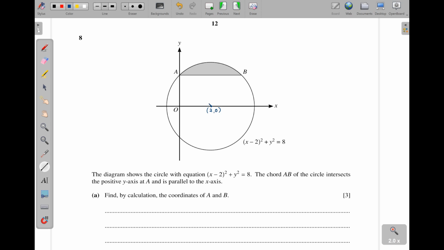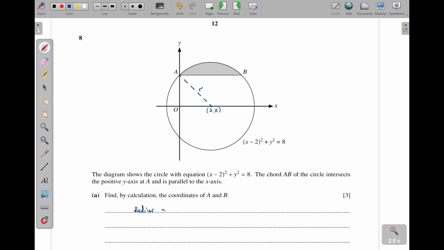Then from that center to A, let me make it dotted. This is the radius of that circle. The radius will be equal to the square root of this 8 here.